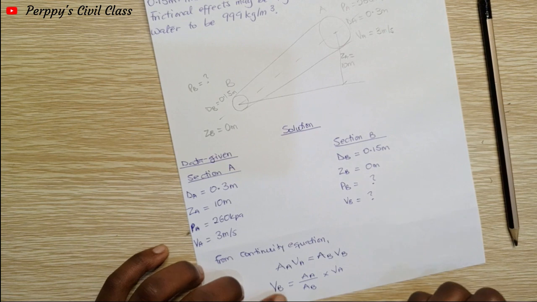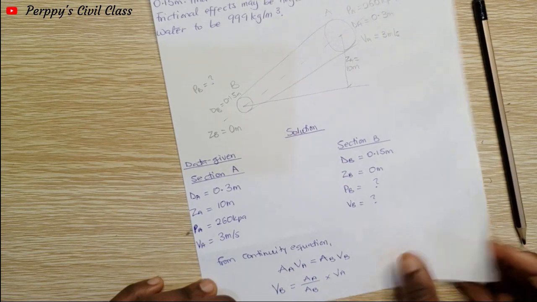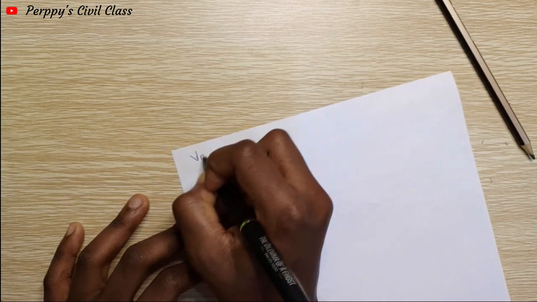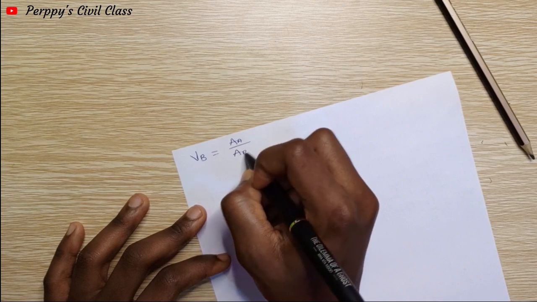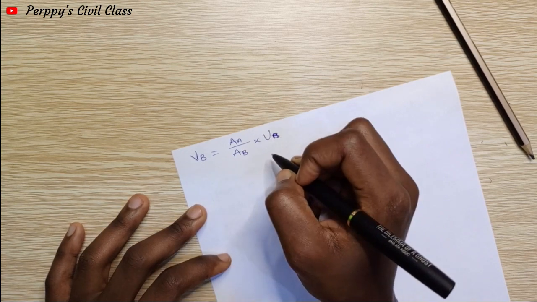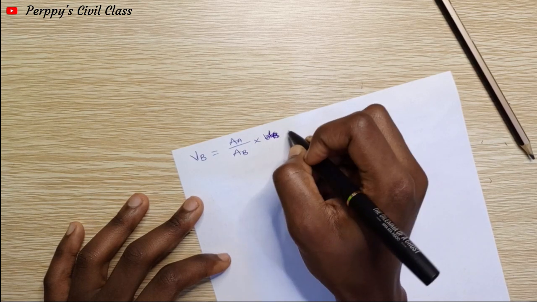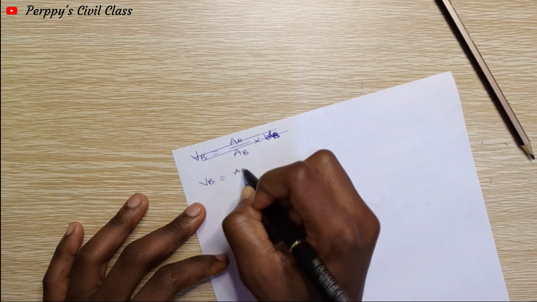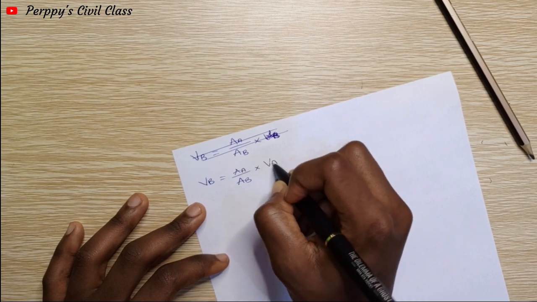So now let's calculate the velocity at B. VB is equal to AA over AB multiplied by VA.